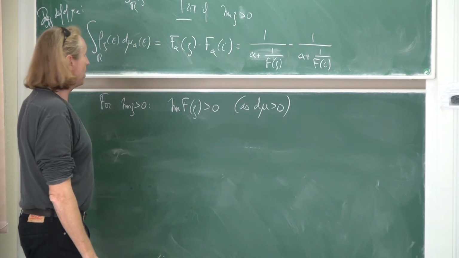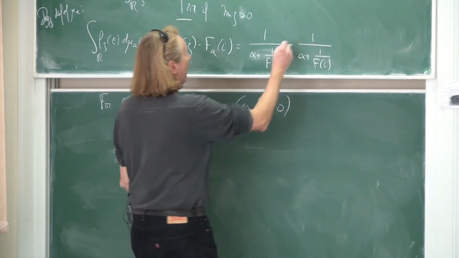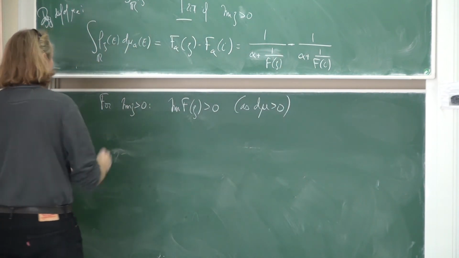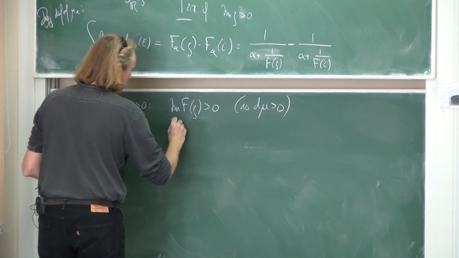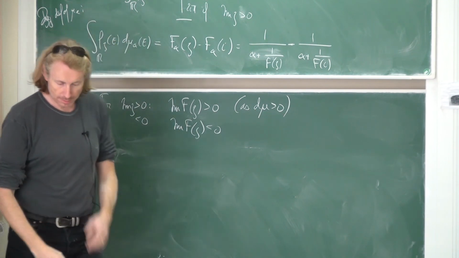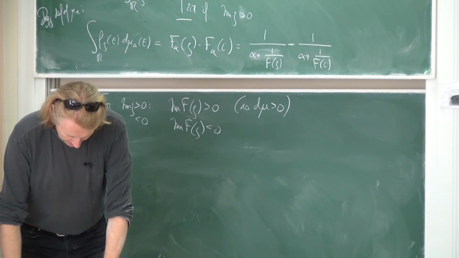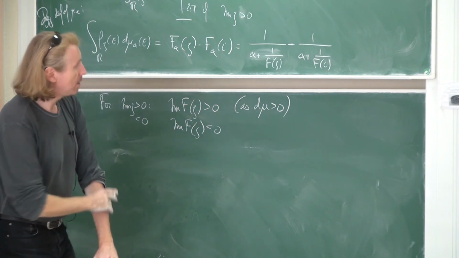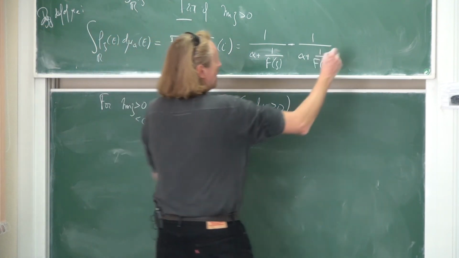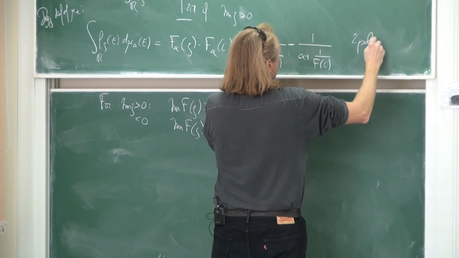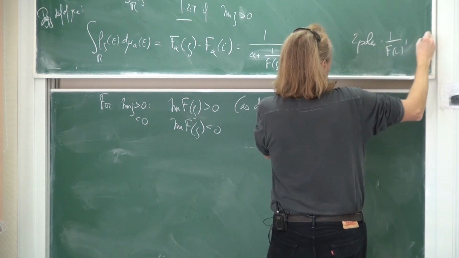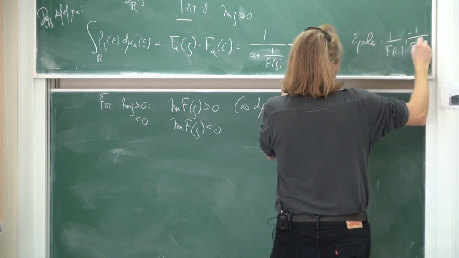Now the other thing. Of course, if the imaginary part is negative, I have negative. That's for sure. So now let's look. Here in alpha we have 2 poles. So this has 2 poles at minus 1 over f of I and minus 1 over f of z.